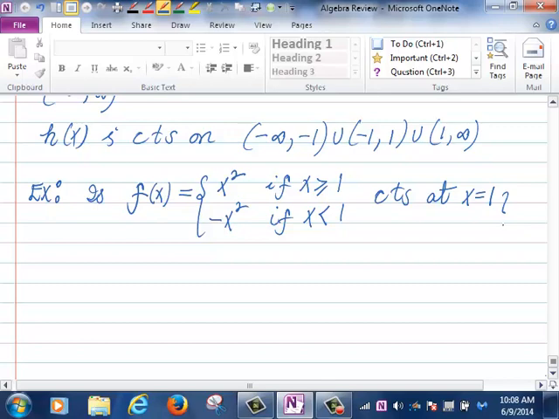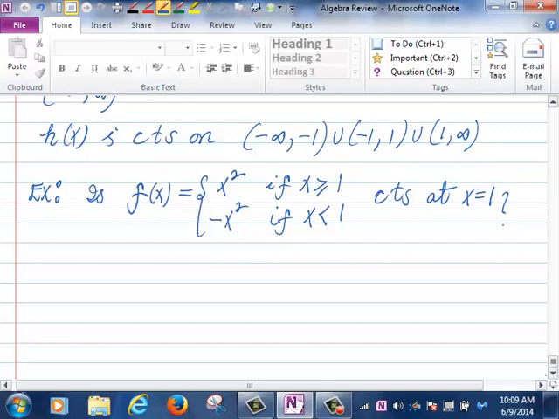When x is strictly larger than 1, the function is given by this parabola, and that's a continuous function as well. However, the only problem is when x is 1, because right at 1 the formula for the function changes. So we don't know exactly what's happening at 1, and we can check whether the function is continuous at 1 or not.